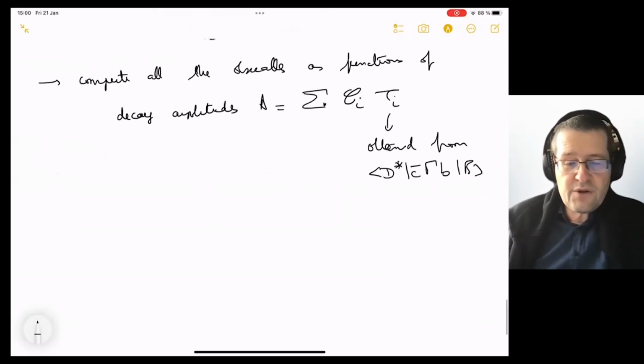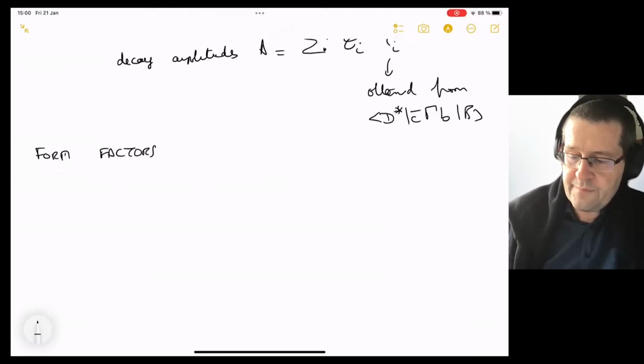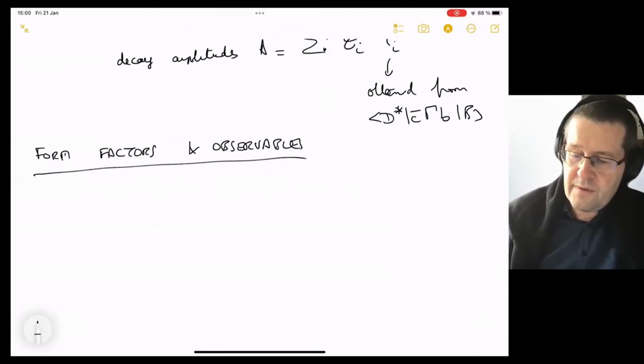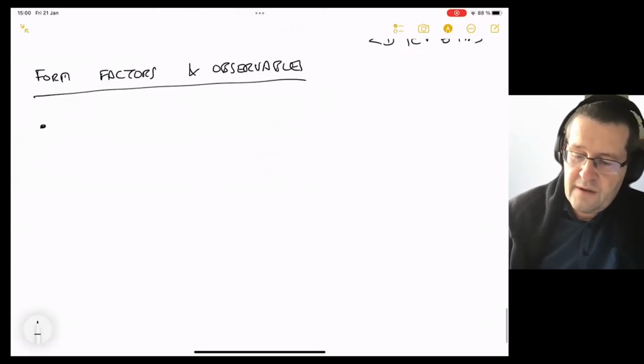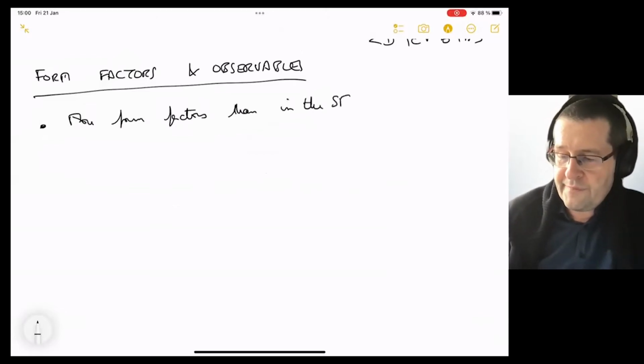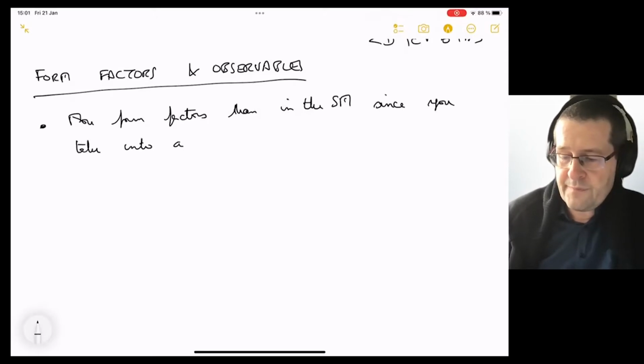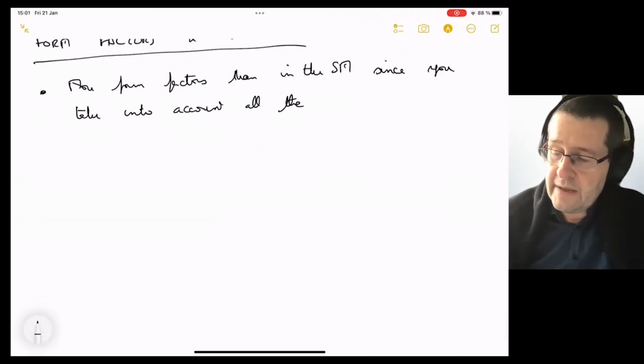The only thing that I want to add, concerning the form factors and the observables, is that here you have more form factors than in the standard model, since you take into account all the operator structures.